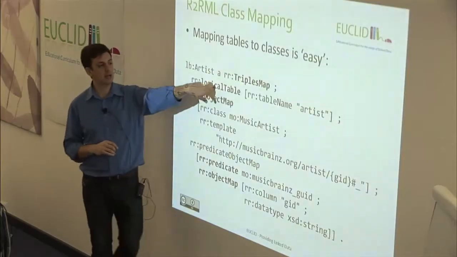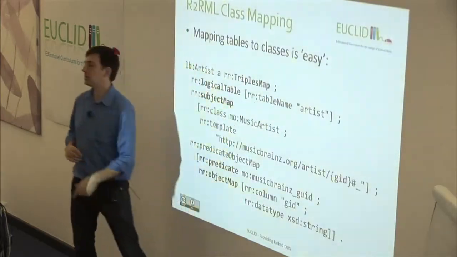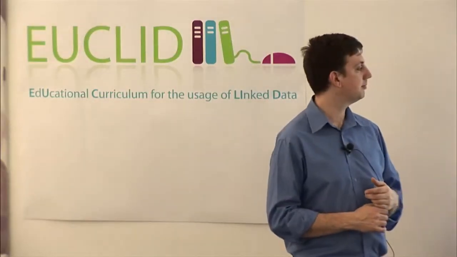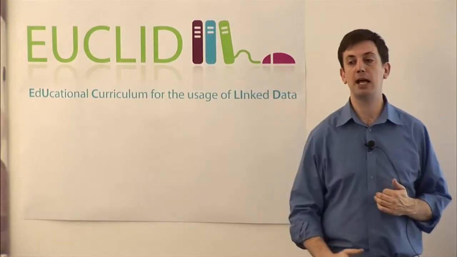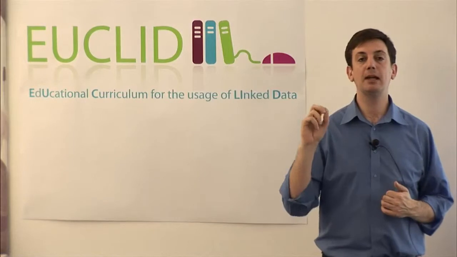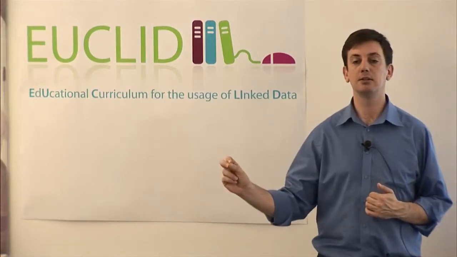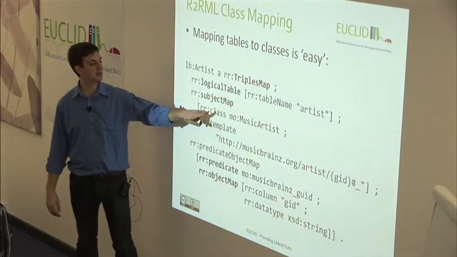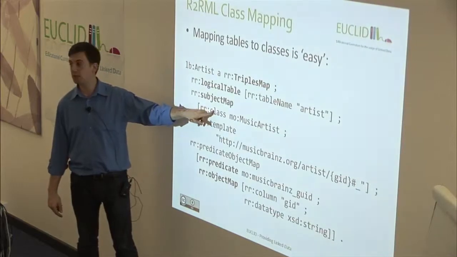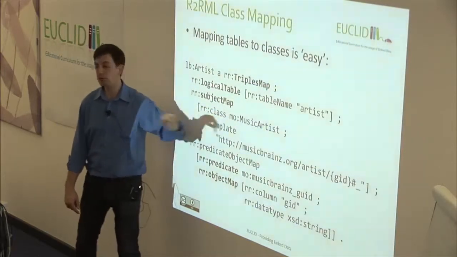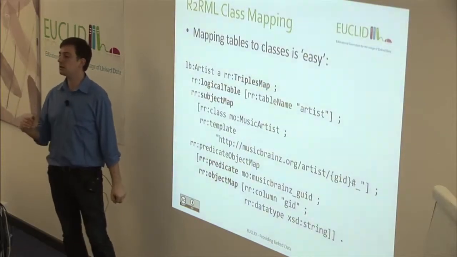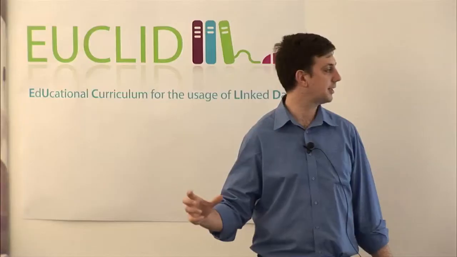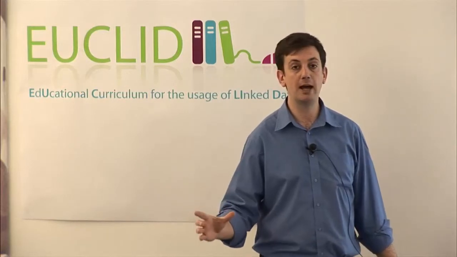So a logical table is just the artist table in MusicBrainz. We're going to put every instance, every row in that table, we're going to make it an instance of a class. Okay? So we explicitly say that there's a class associated with this subject map, which is music artist. Okay? So every row in the artist table turns into an instance of music artist in RDF.